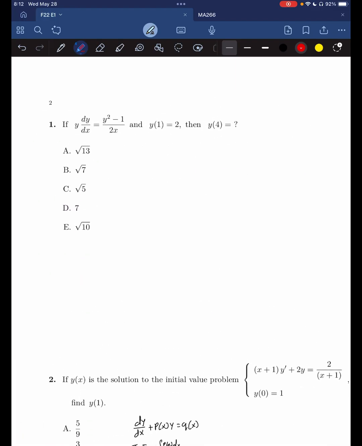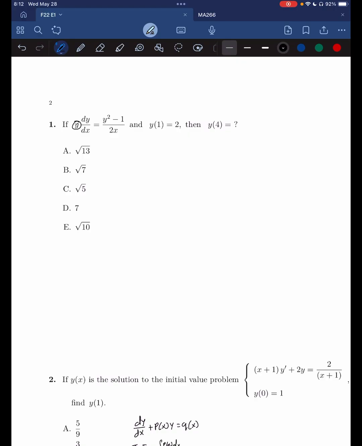Question one, we have this differential equation given to us. The biggest question to ask yourself when you're solving one of these is, what method do I use? In this case, we're going to use separation of variables, and you might ask how I know that. If I take a closer look at this differential equation, everything more or less is being multiplied or divided.